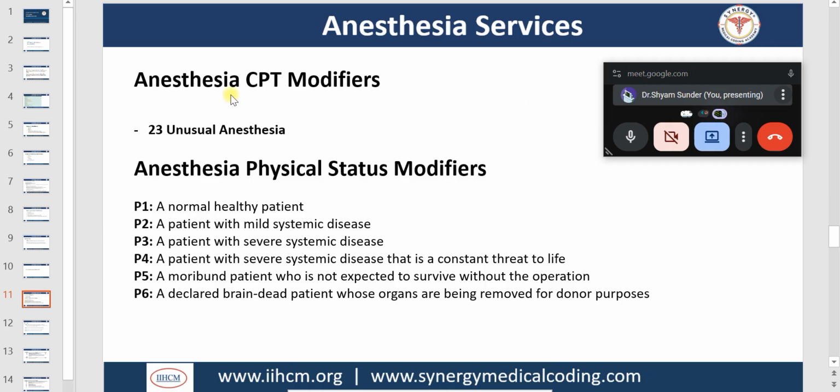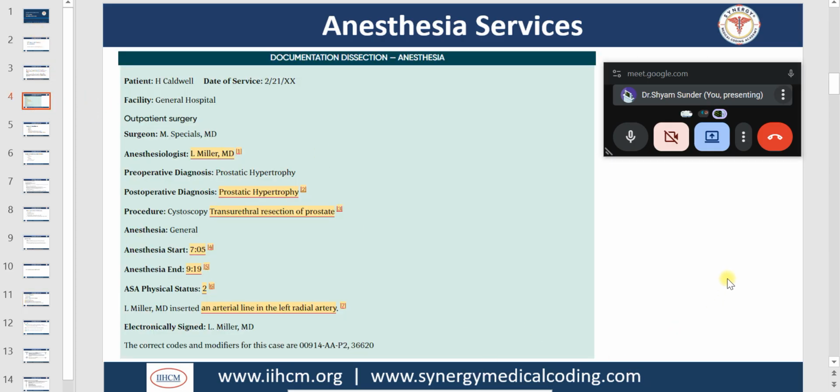Yes. Basically, as a coder, we code the charts when the service is totally completed. When the record is closed, that's when we start coding. What do you mean by record is closed? You have two types of records: open records and closed records.